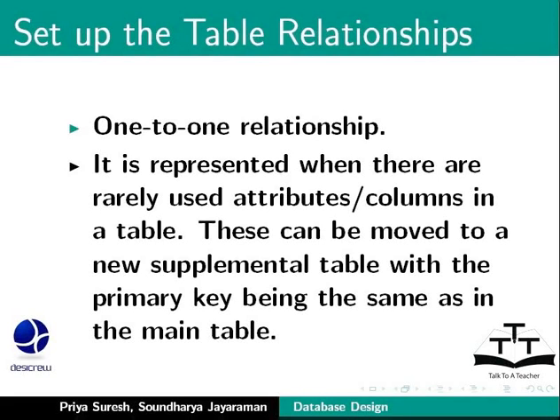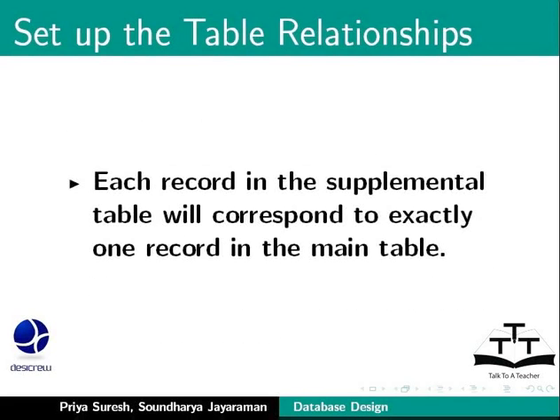So we can move this column into a new supplemental table whose primary key will be the same author ID. Each record in the supplemental table will correspond to exactly one record in the main table, which represents a one-to-one relationship. So there, we have learnt to set up relationships in our database.